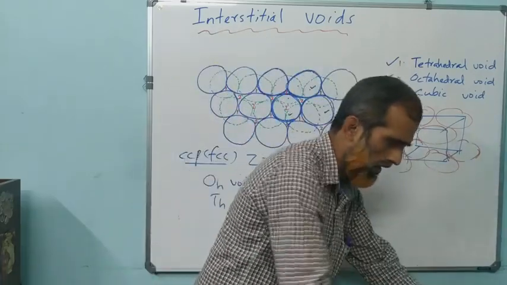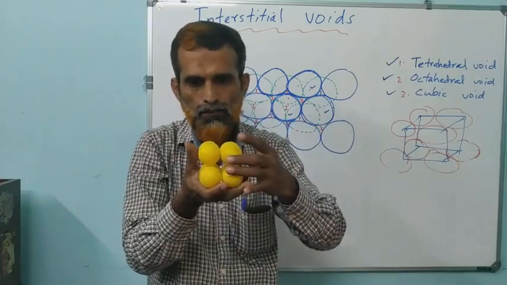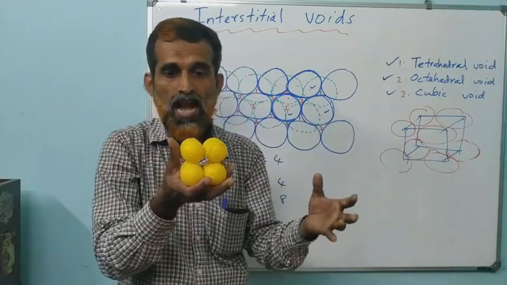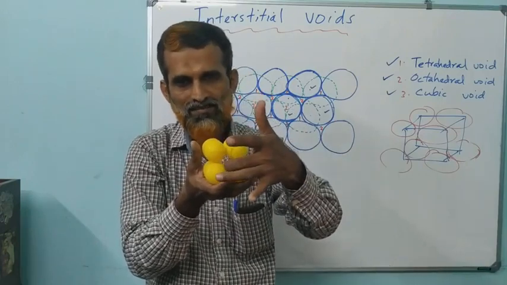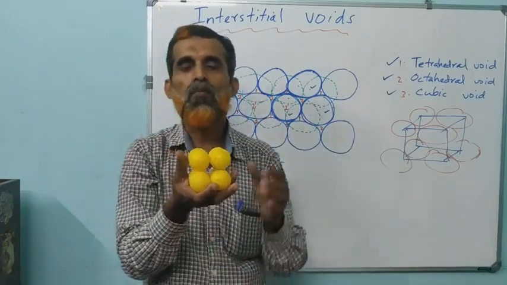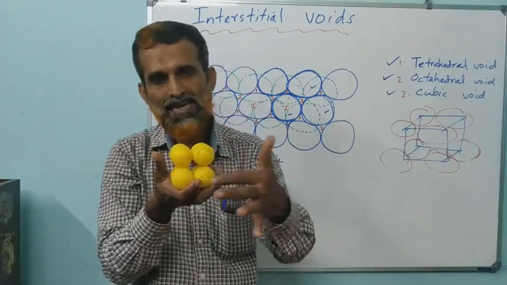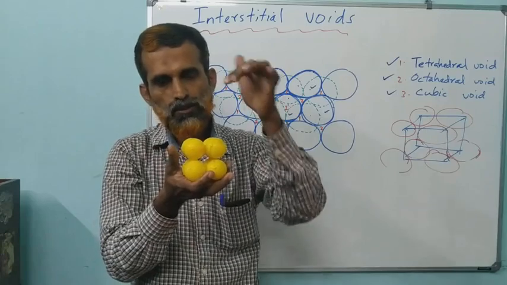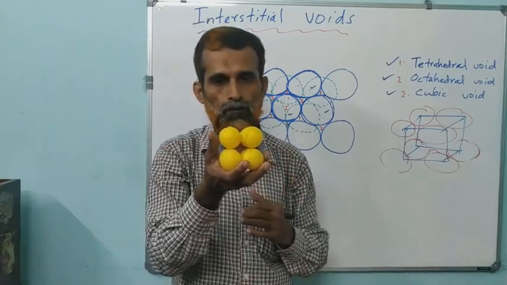Let me show with the model. Look at this. This is a primitive cubic, right? Particles only at the 8 corners. And you can see that there's a very big space inside at the center. This is what is a cubic void. Why? Because these 8 particles are in touch, and if you join the centers of all these 8 spheres, you get a cube.